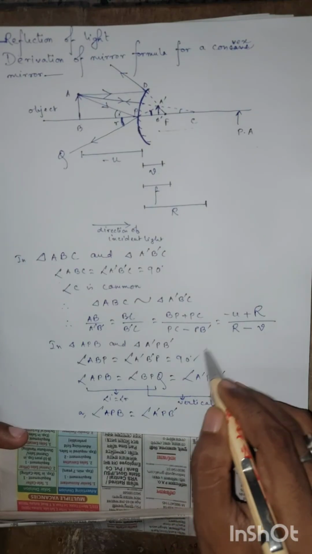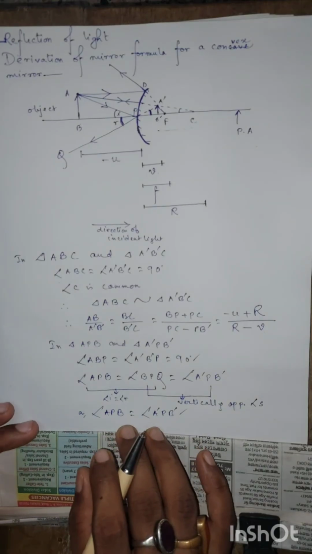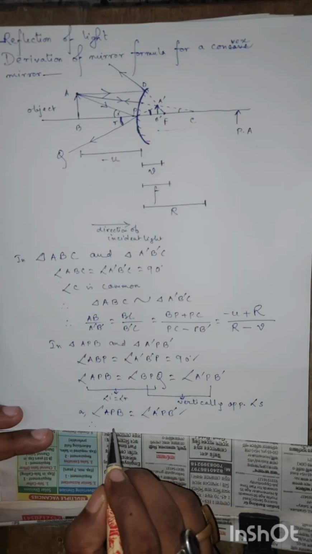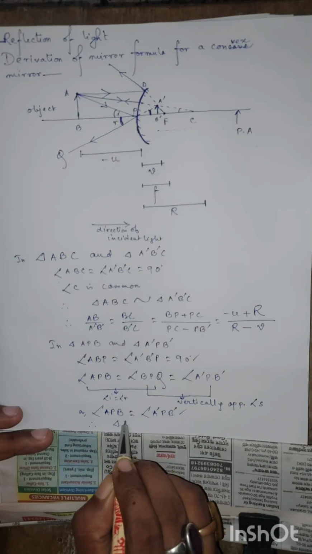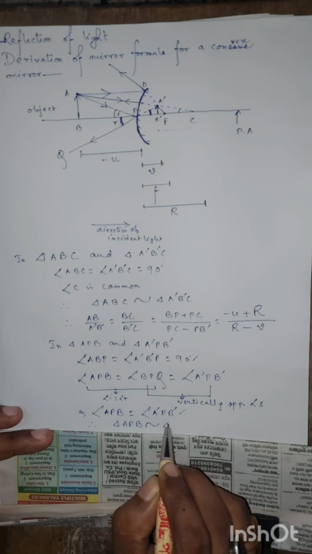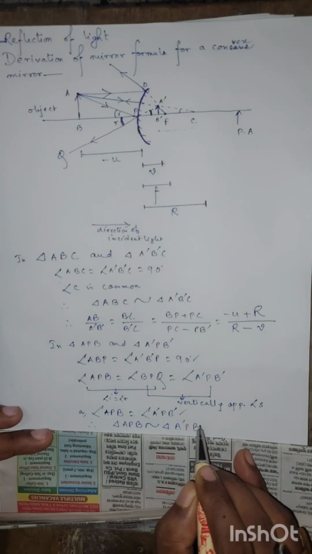So we can see two sets of angles are equal for these two triangles. Therefore, these two triangles are similar. Triangle APB is similar to triangle A dashed PB dashed.